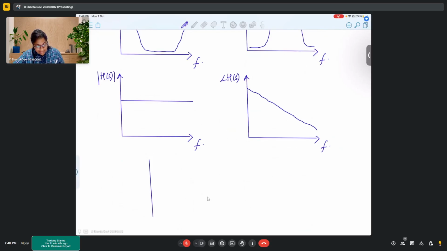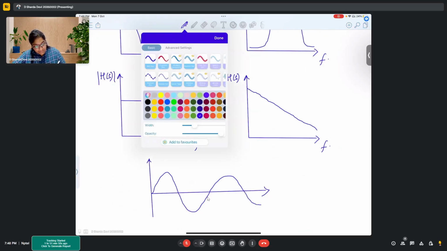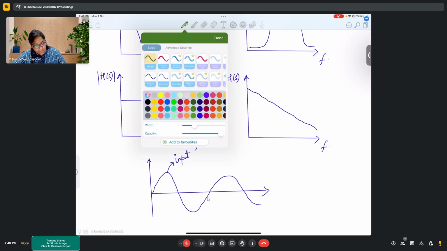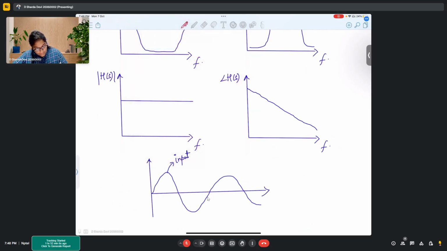So if you have an input sine wave like this, so this is input, the output will look like this.